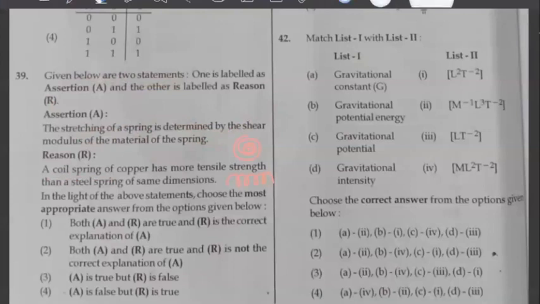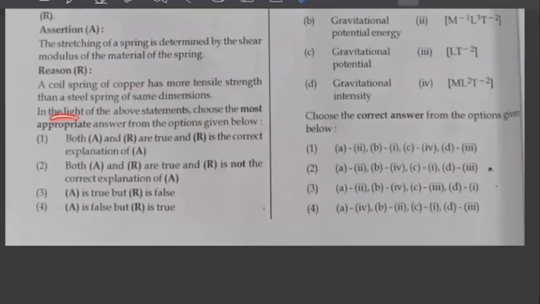No, I think here what they are talking about is not the shape. They are just saying coil spring and steel spring. So I think what they are talking about is the copper and the steel here, the material. So one is copper, the other one is steel. So who has more tensile strength? I will go with steel. Steel has more tensile strength. In light of the above statements, choose the most appropriate answer. So, one minute.